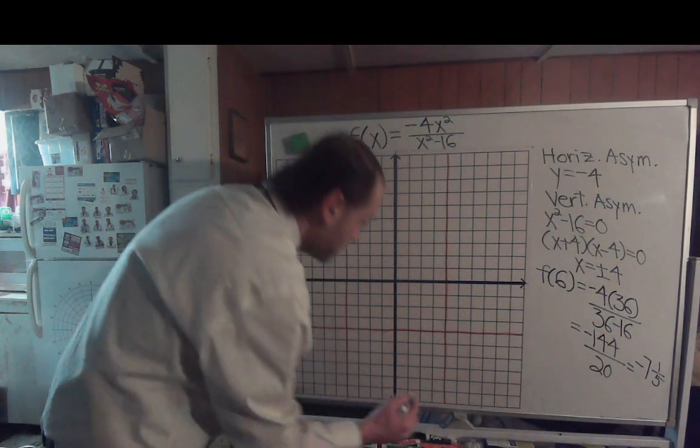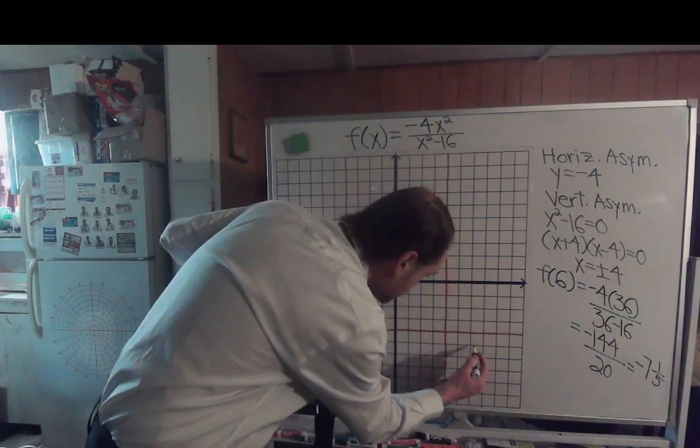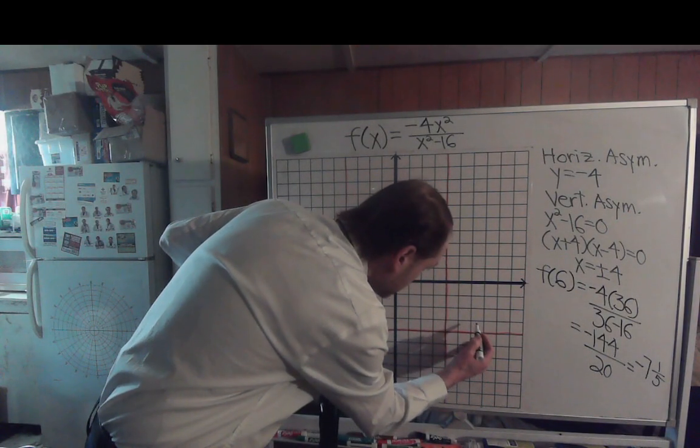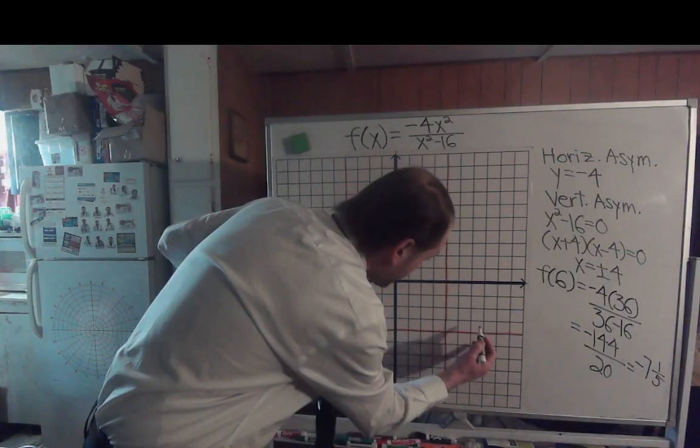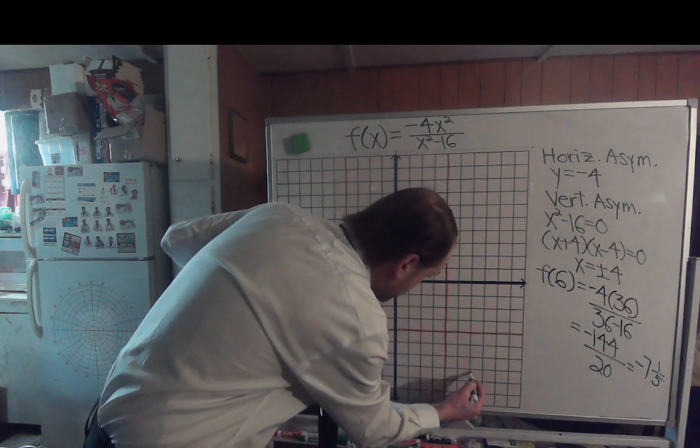Negative 7 1/5 for x equals 6. 5, 6, 7. Right there.